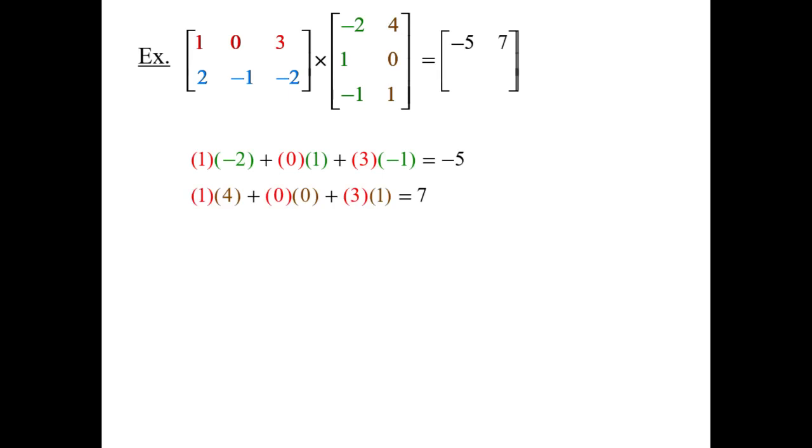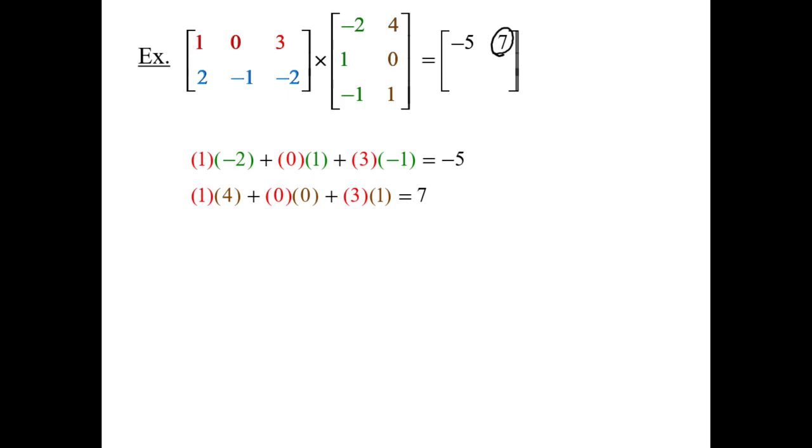So now I've got the red row times the brown column. Again, basically taking the 3 entries of the red row, matching them up with the 3 entries of the brown column, and multiplying each of those pairs and adding the results. And because that was row 1 times column 2, the result goes in row 1, column 2 of my answer.